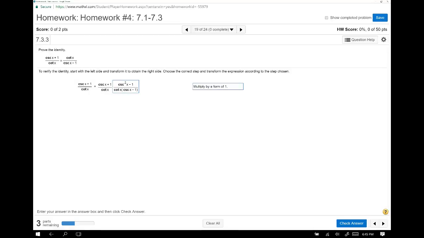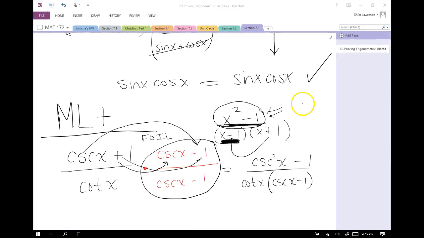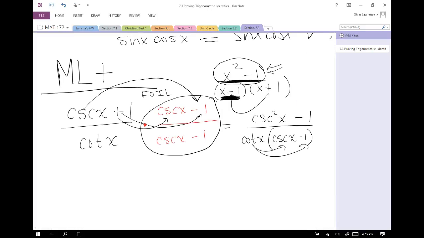And I'm wondering if they want me to simplify in the denominator, or at least distribute in the denominator. So if we distribute in the denominator, our denominator turns into cotangent x cosecant x minus cotangent x.